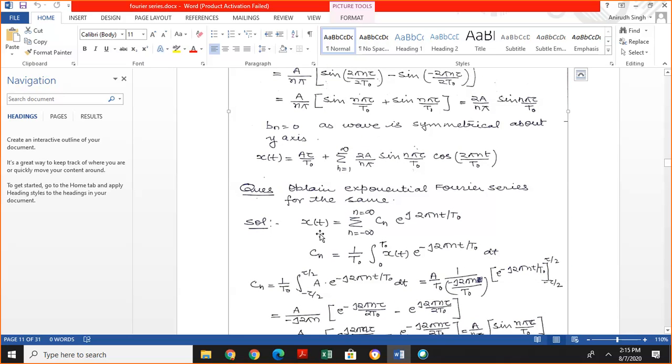In the case of the exponential Fourier series, x of t is given by summation from minus infinity to plus infinity of Cn exponential j 2 pi n t by T naught.